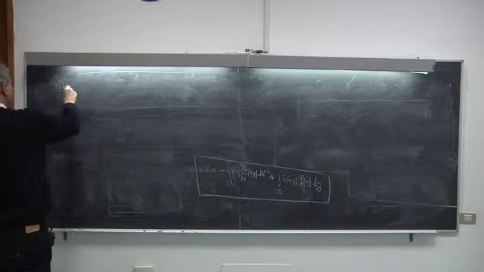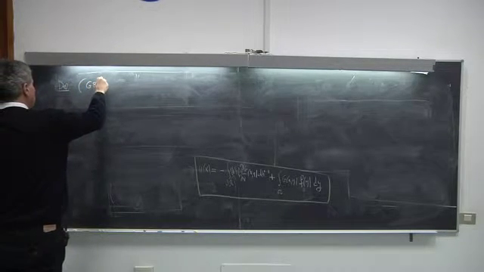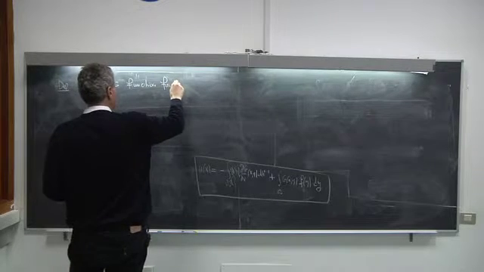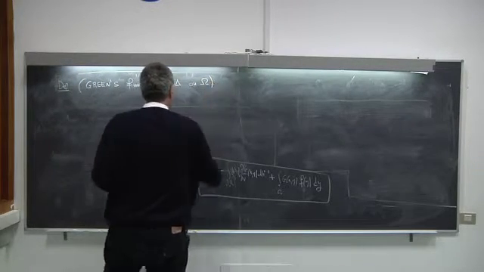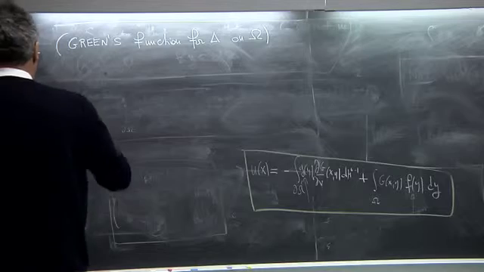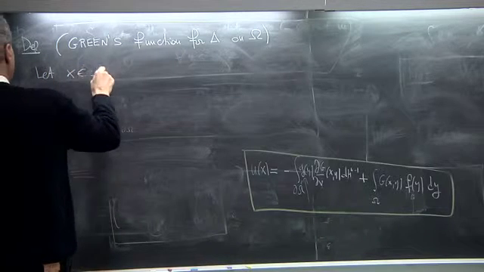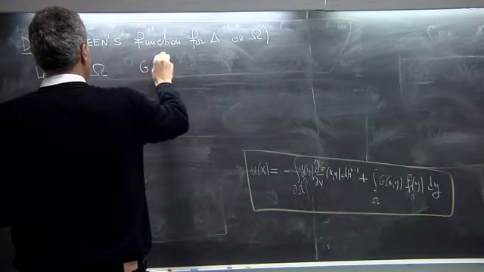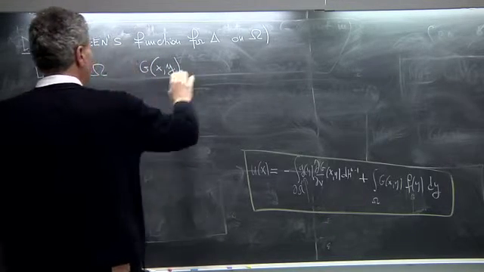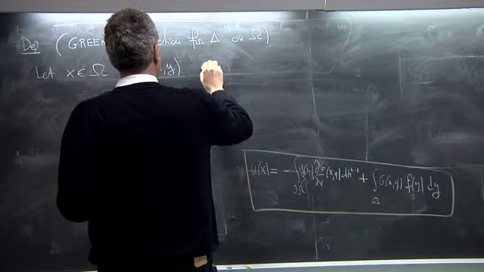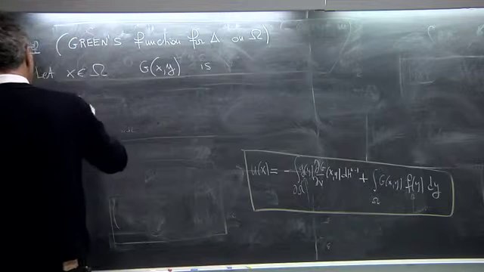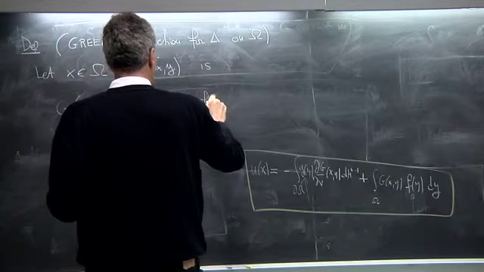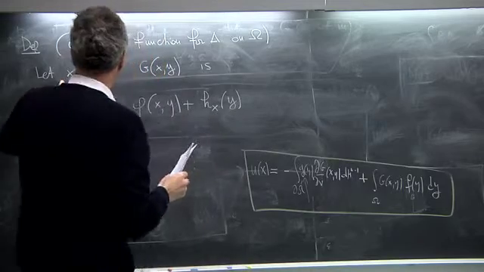Definition. Let us fix x in omega. A Green's function G(x,y) for the operator Laplacian on omega is a function of the form G(x,y) = Φ(x,y) + h, where x is fixed now.